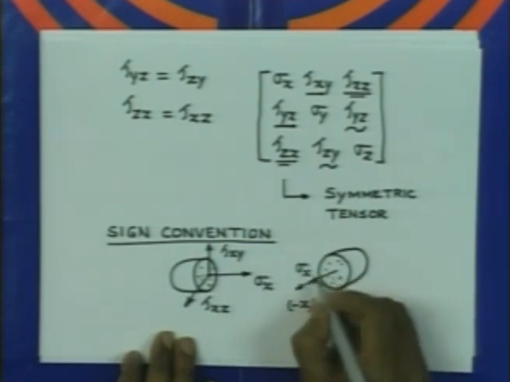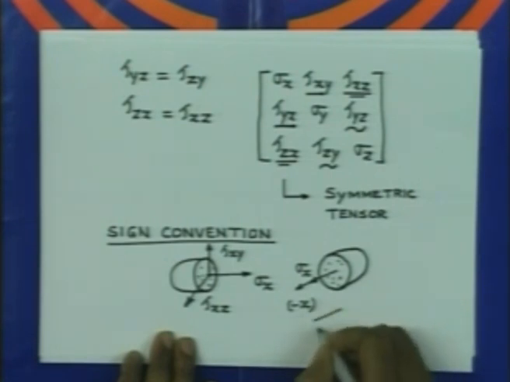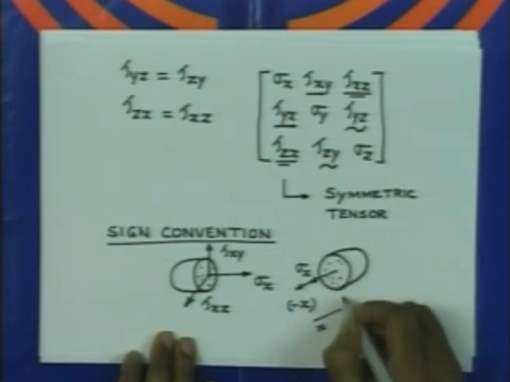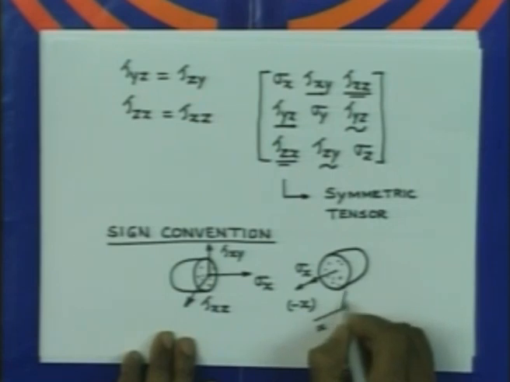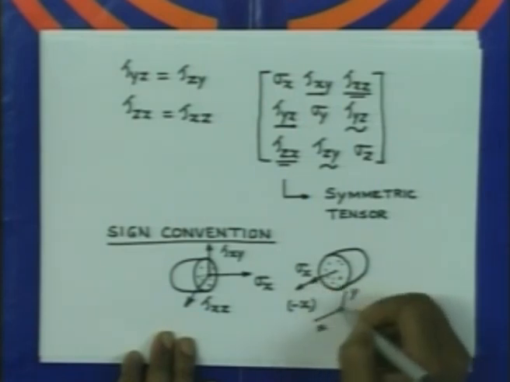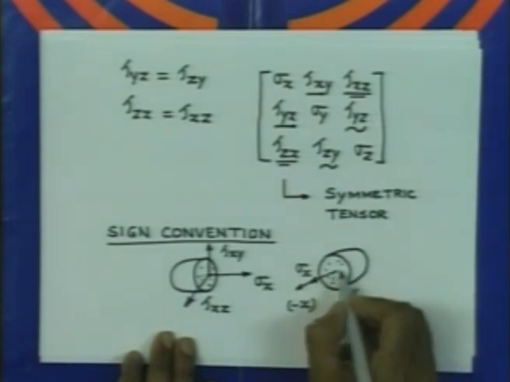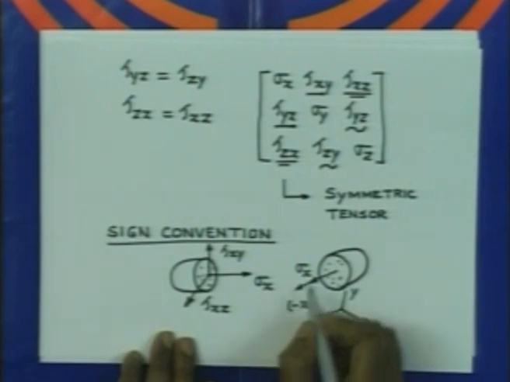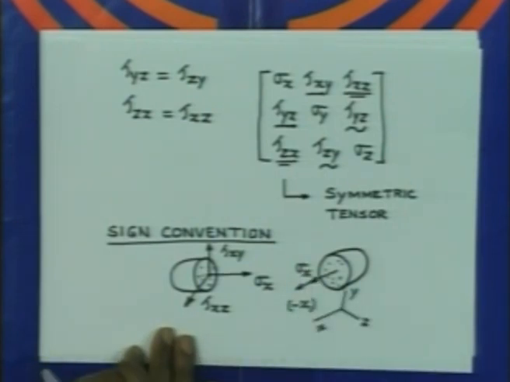So it is negative phase and it is directed in the negative x direction. Let us say this is x direction, this is y, and this is z direction. Then you see that this stress is acting in the negative direction, so it is negative phase and negative direction of the stress, therefore this stress is again positive.